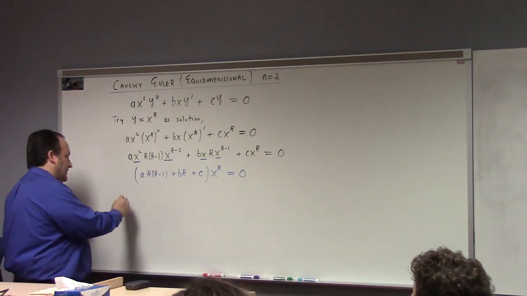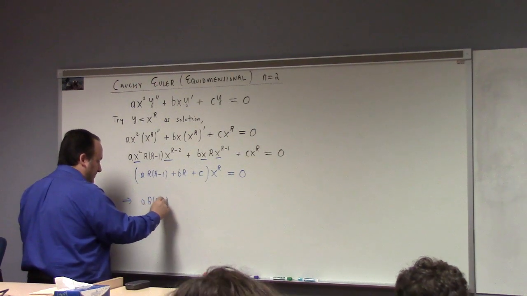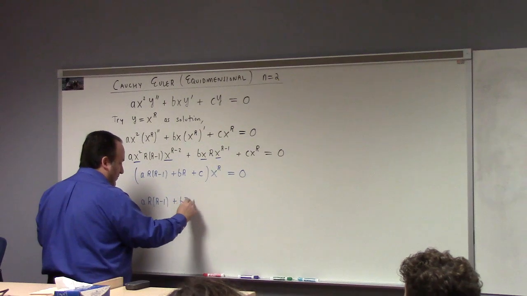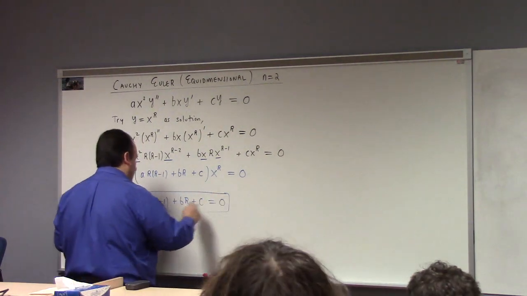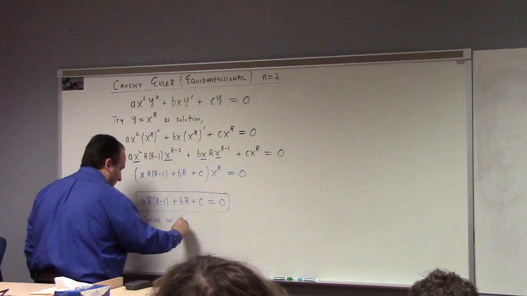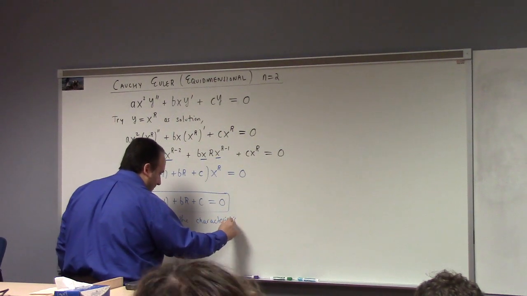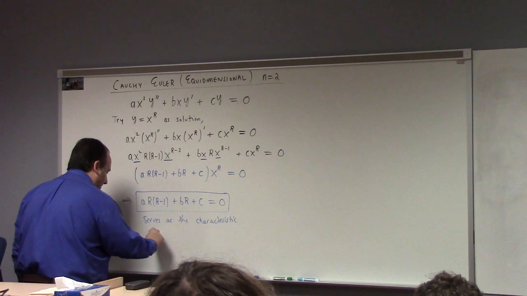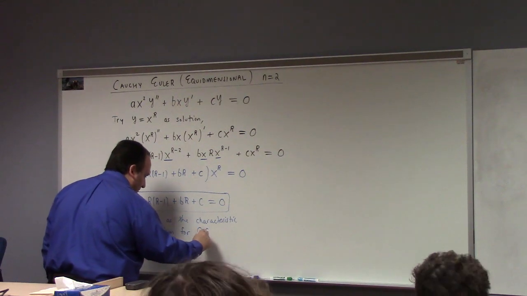So this tells us that a r times r minus 1 plus b r plus c equals 0. This equation right here serves as the characteristic equation for the Cauchy-Euler problem.